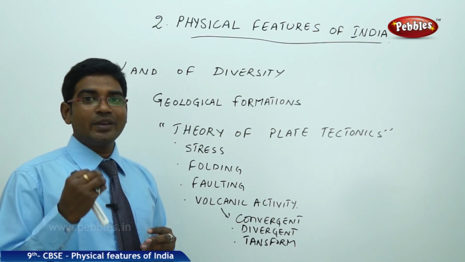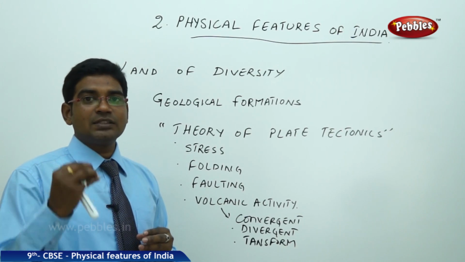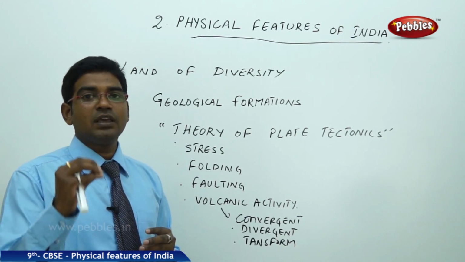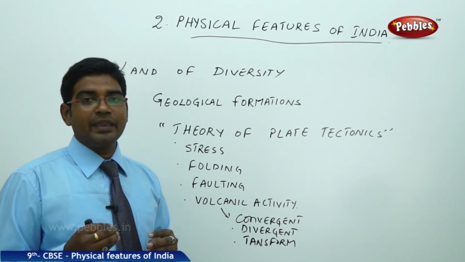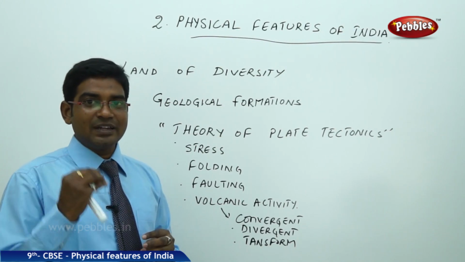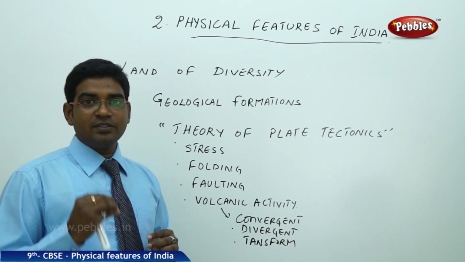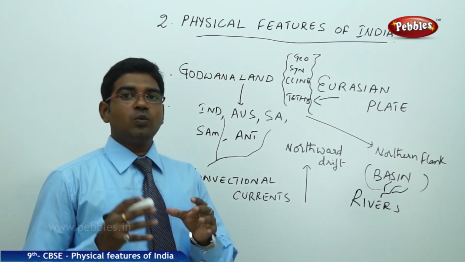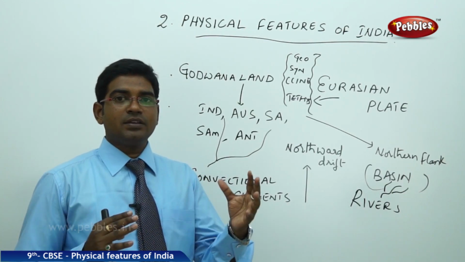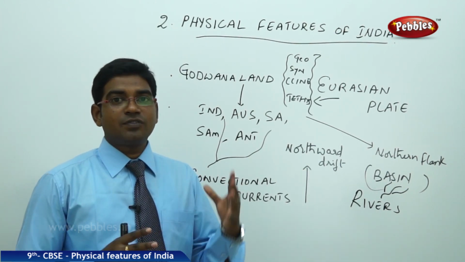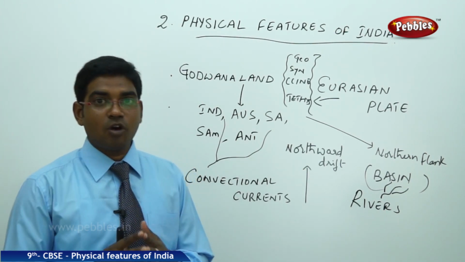What changes in these plates resulted in the formation of the Himalayas, then the plains, then the other landforms, we shall discuss in detail in this lesson. Let us now see how the Himalayas, the peninsular plateau as well as the northern plains have come into existence.